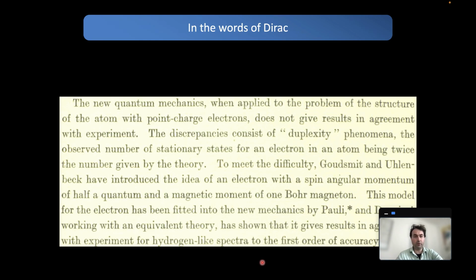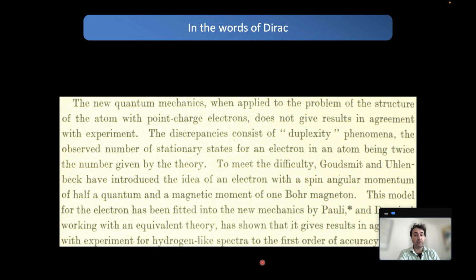So Dirac tried to work on this, and in his words, a year after the introduction of the Schrödinger equation, he said, well, this is a nice equation, we have now the new quantum mechanics, but it doesn't agree with experiment. Which is a bit harsh, because the Schrödinger equation for the hydrogen atom actually agrees reasonably well with experiment.